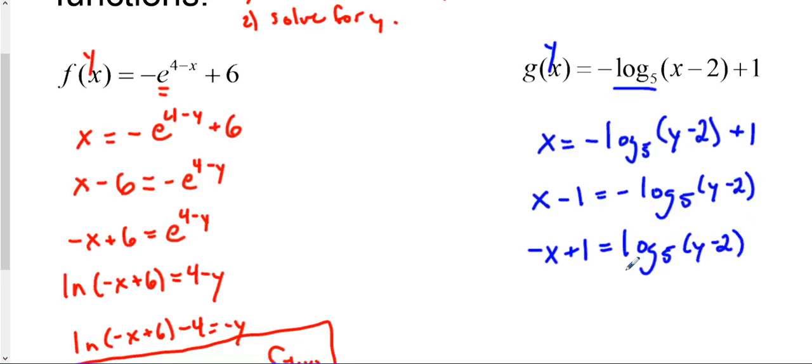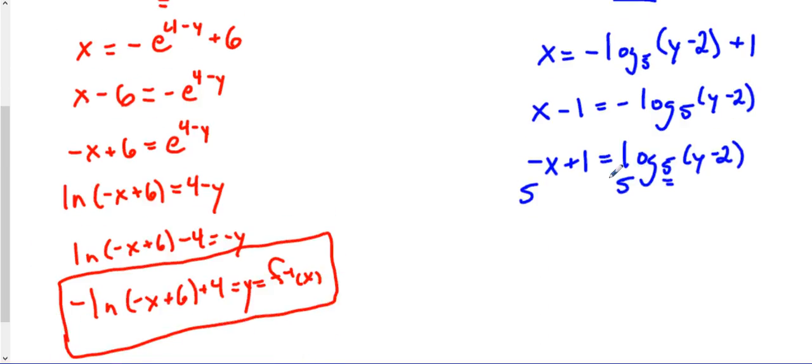Now from here, we're going to solve for this log. To solve a log, you have to do the inverse operation, which is to exponentiate it. Our base here is 5, so we're going to take each side and make it the power of 5. So what we have then is 5 to the negative x plus 1 power.